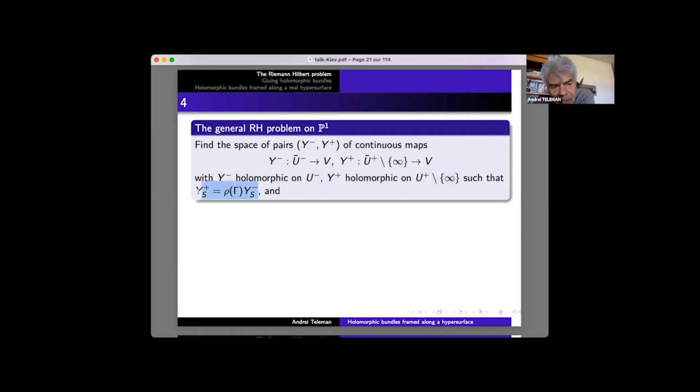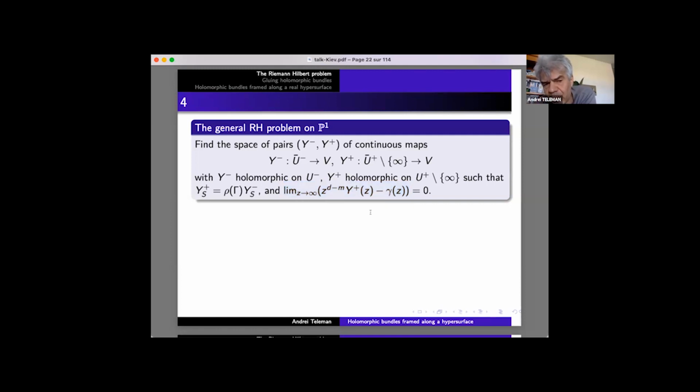Again, we require the gamma compatibility on the curve, and at infinity, I require a condition which controls the behavior at infinity of y plus. So it's meromorphic. It's too vague.